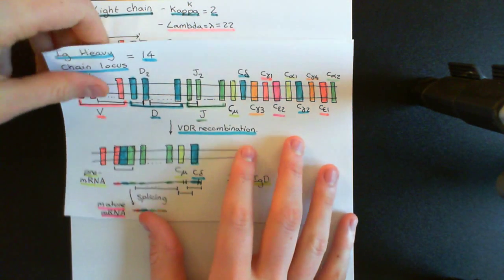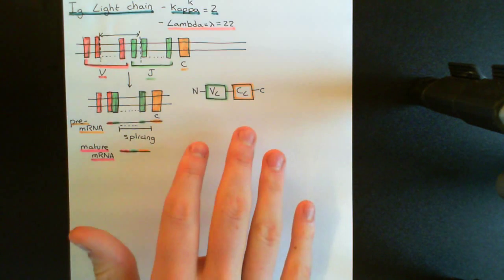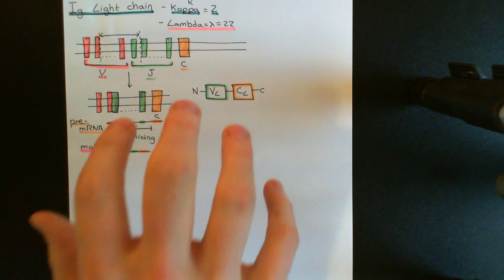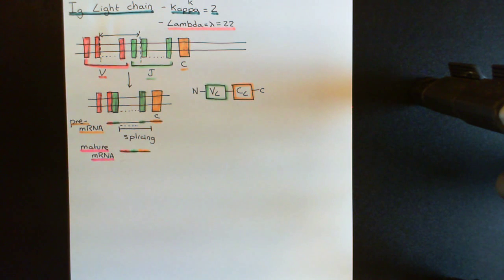So, the big difference then is that the decision of which constant region you are using for your immunoglobulin light chain is made during development, and it cannot be changed now. Once design of the light chain is finished, the constant region of that light chain is set as either Kappa or Lambda, and of course the variable region is also set after we've designed it.